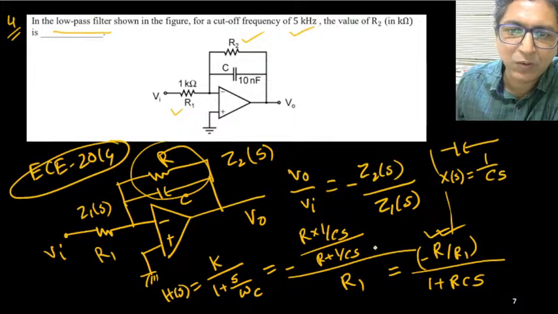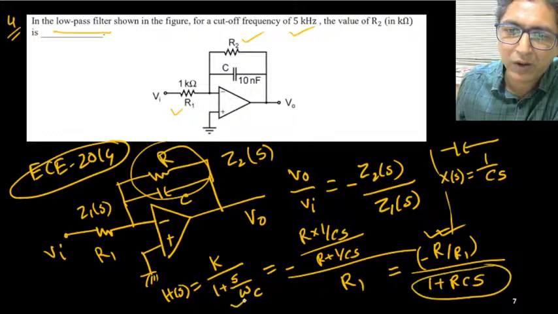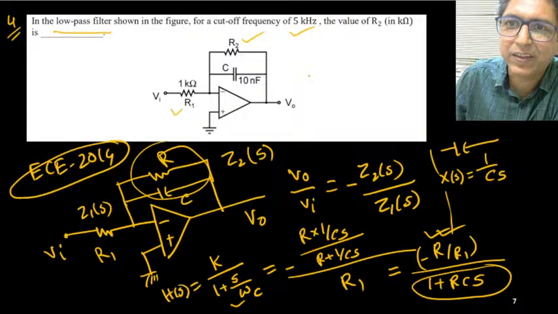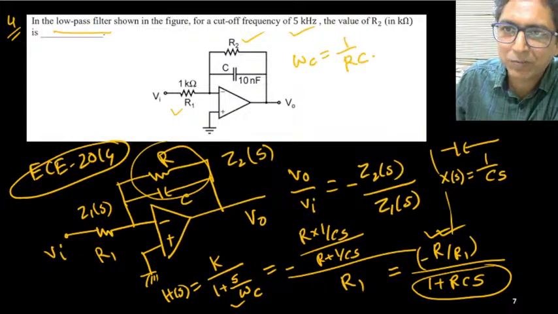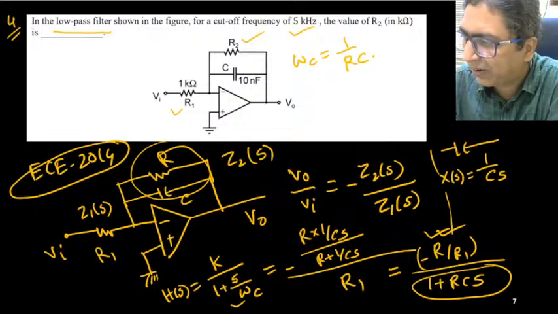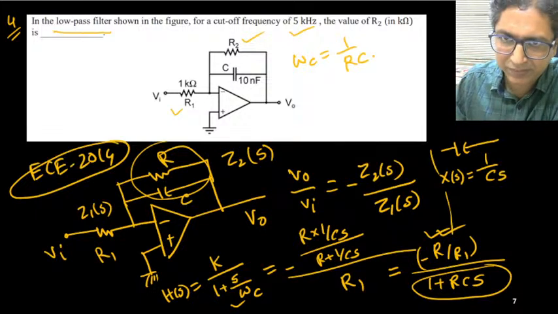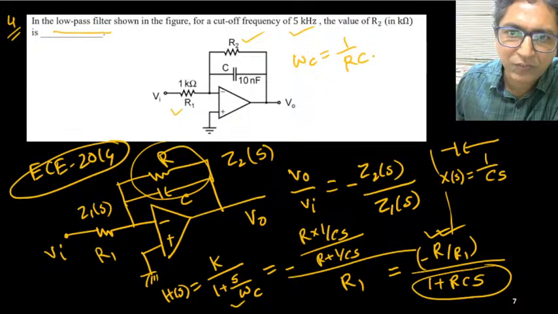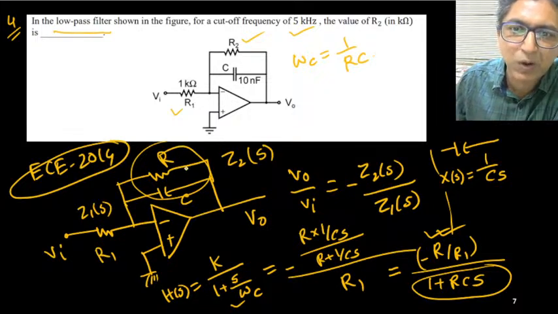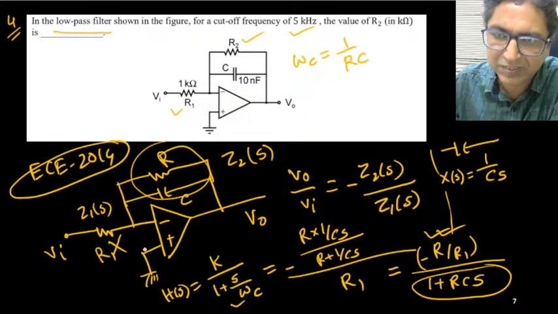And the cutoff frequency will be of this form, 1 plus s by omega C. So if you compare this and this one, what is omega C? So omega C is simply 1 upon RC. So this is very, very interesting. What I am saying is that cutoff frequency will depend on this network, this R and C. It does not depend on this resistance.